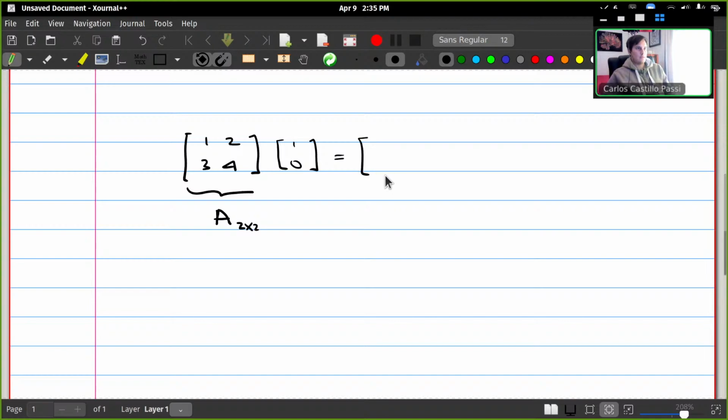First, what's the dimension of the output? If this is 2 times 1, that means that these 2's will cancel out, and the result needs to be 2 times 1. Okay, so we'll have 2 rows and 1 column.